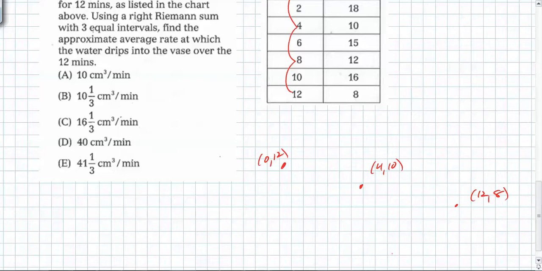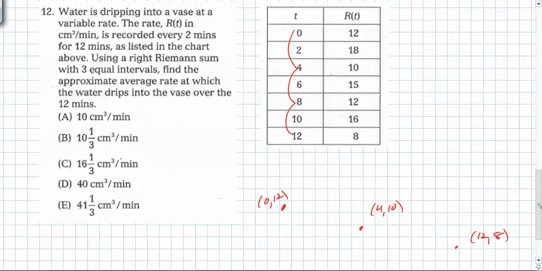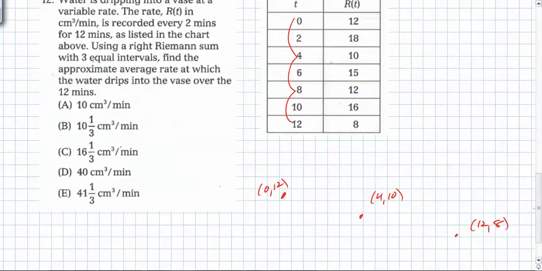Oh, I did 8. Not 12, 8. It's 8, 12, sorry. That's confusing. Do you see what I did there? I didn't do all the points is what I'm saying.